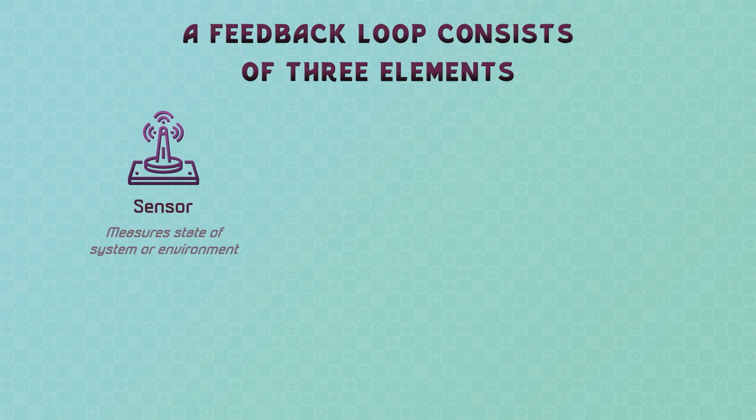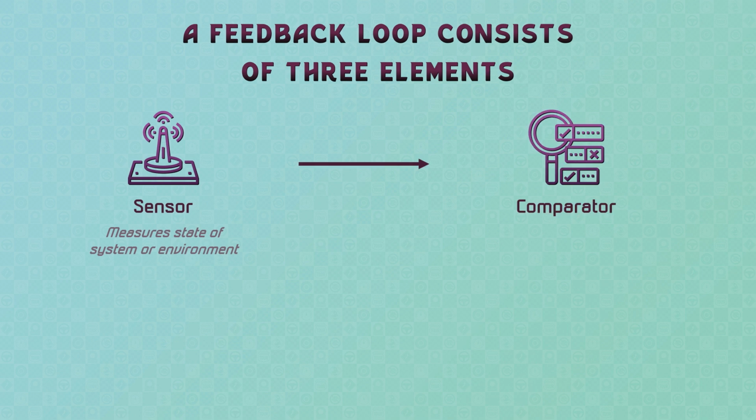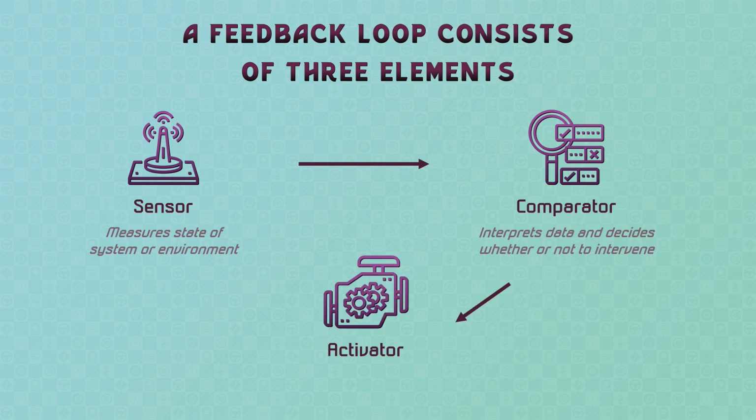The data of the sensor is then forwarded to a comparator, and the job of the comparator is to interpret that data of the sensor and then to decide whether or not the feedback loop has to be activated, whether or not the system should intervene. If so, the comparator enables the activator, and the activator is the element that then produces an output that affects the system or the environment, and it should specifically affect whatever the sensor is measuring to close the loop.